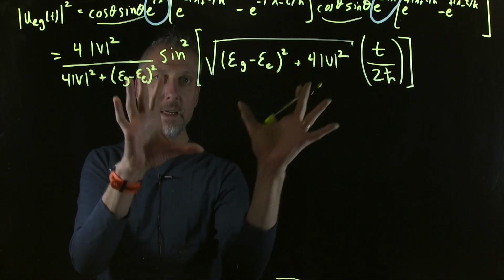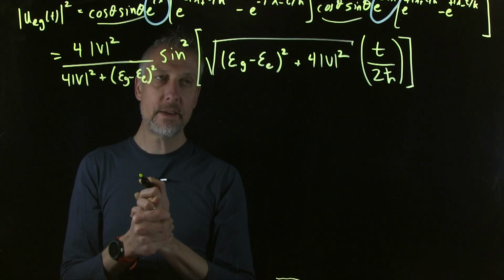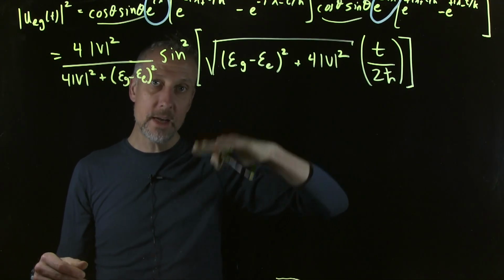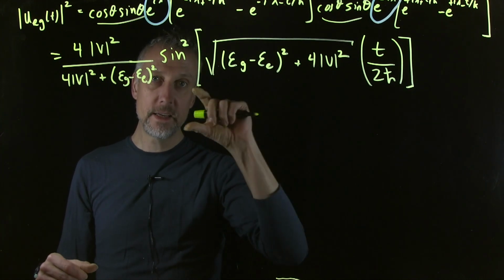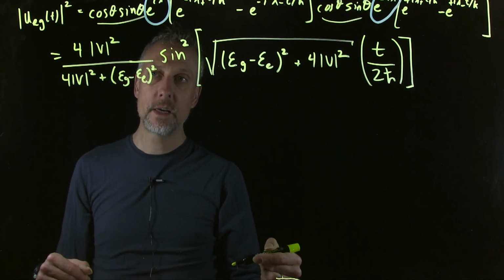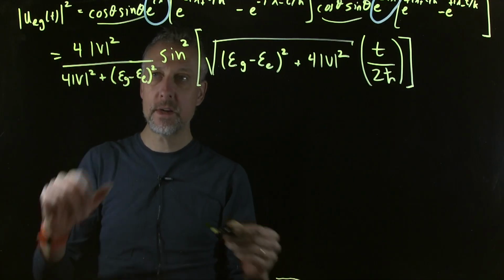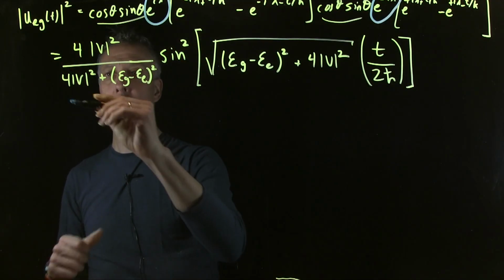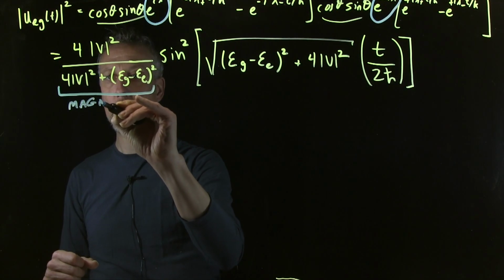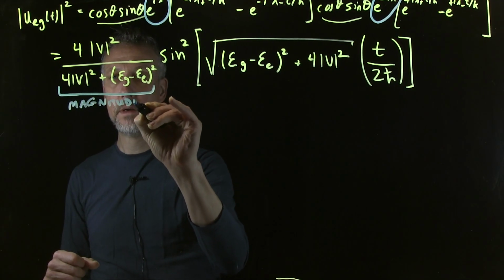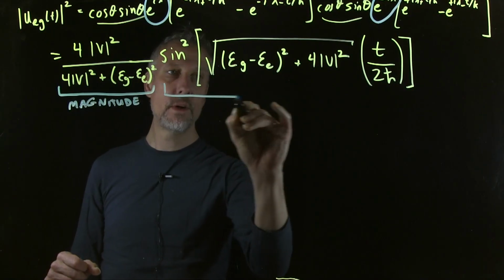Okay, so you see the ingredients that you might have expected, which is that this is going to oscillate as a function of time. And it oscillates with a frequency that's exactly the gap frequency given by the two. The magnitude is out here. This is the magnitude. Right, and this is the oscillatory part.